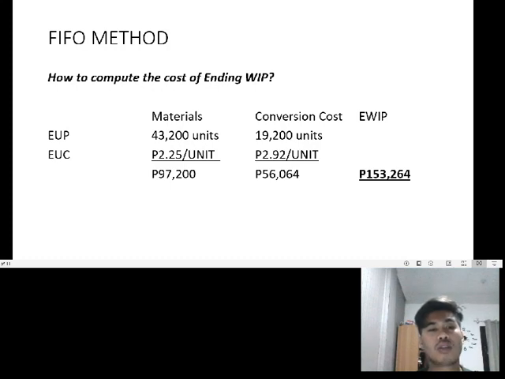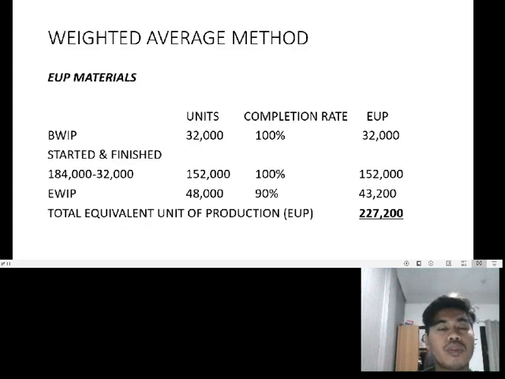So the equivalent cost per unit for materials is 2.25, and for conversion cost is 2.92. So do the math, multiply dito. So yung total ending work in process natin under FIFO method is nasa 153,264.